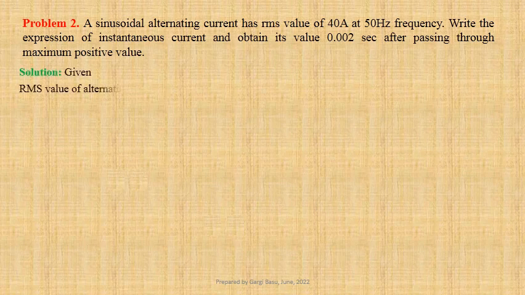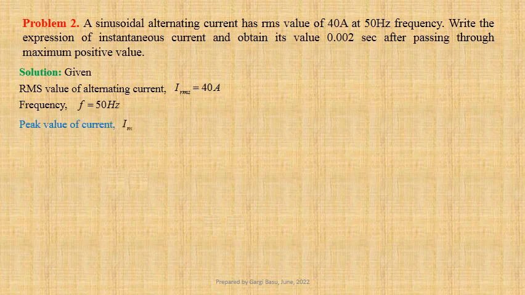RMS value of alternating current IRMS equals 40 ampere and frequency F equals 50 Hz. Let us first calculate peak value of current. Im equals root 2 times IRMS, that is equal to root 2 into 40, that gives us 56.5685 ampere.